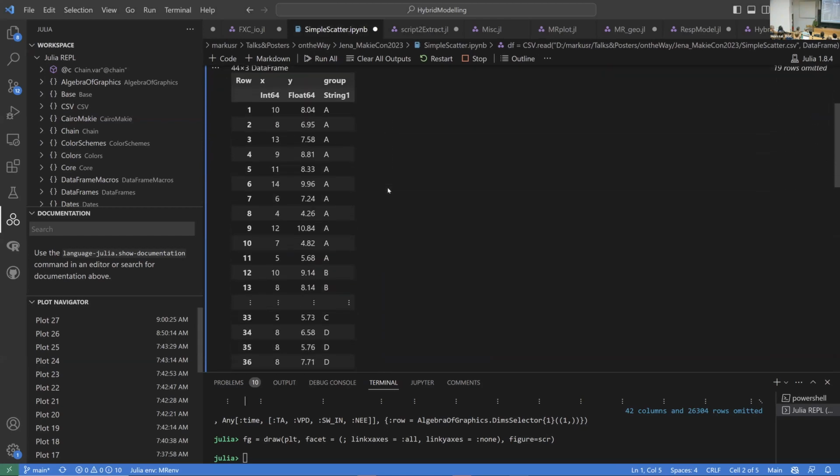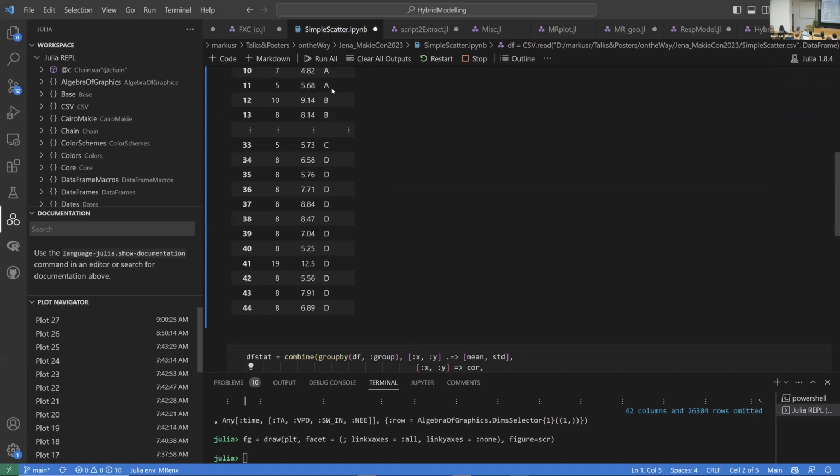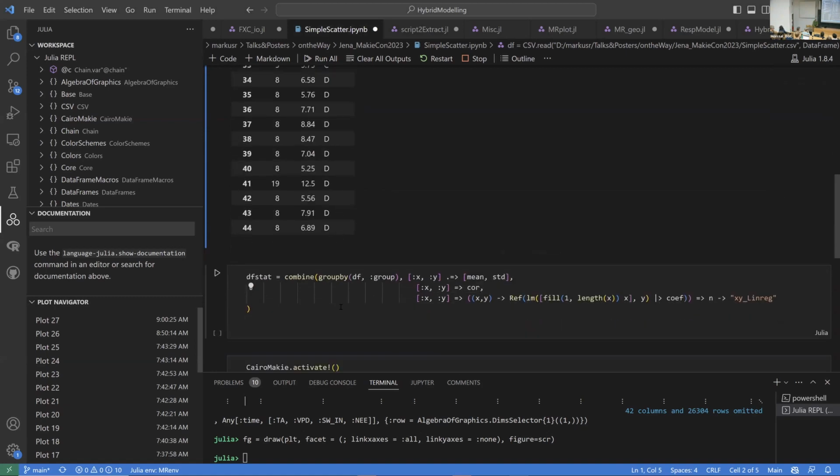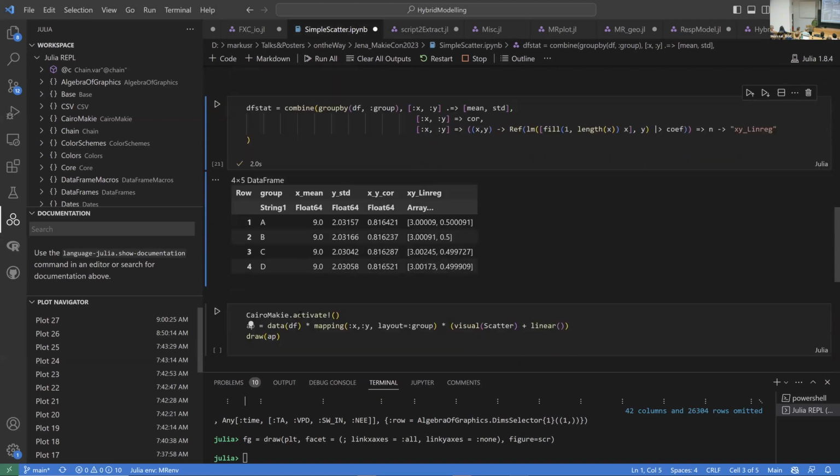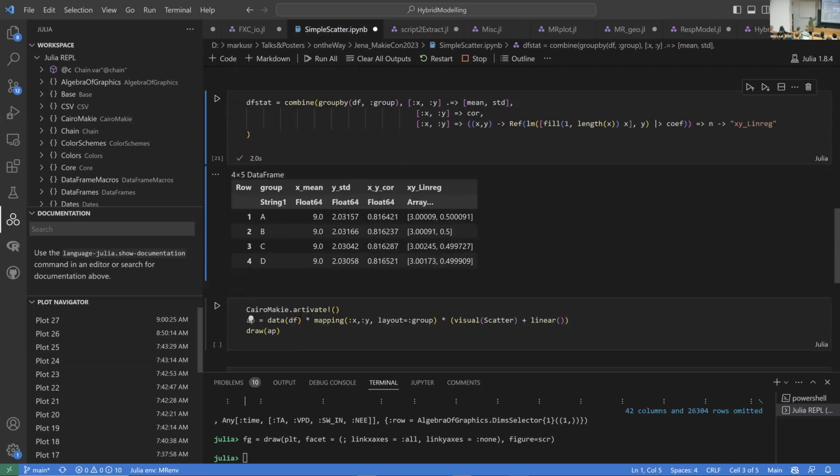So this is kind of a data frame now with this group that I call A, B, C, and D. And then let's calculate the statistics. And that's exactly the point that he's making. If you look at that data set, you saw there were some numbers, but then people like summary statistics and so on. And then you get here the mean, exactly the same, the standard deviation.